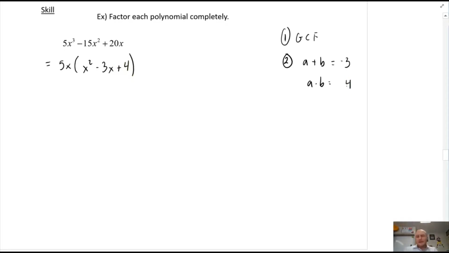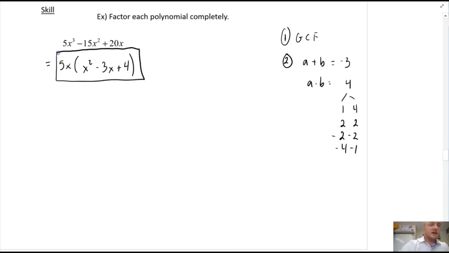Well, the answer is none. I can have 1 times 4, 2 times 2, 2 times 2, and 4 times 1, where half of these are positive, positive, and then half are negative, negative. So none of these give me -3. So we're done. This is our answer here.